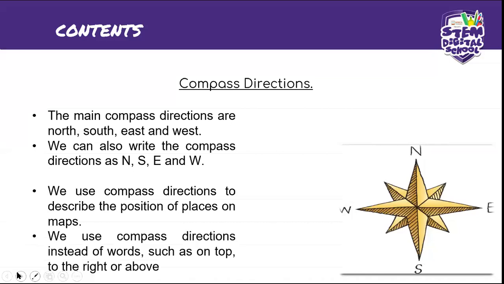We use compass directions instead of words such as top, right, or above, okay? We cannot say the mountain is above. Above where in the map? We cannot say the mountain is on top. On top of what? We must say that it is on the northern side, okay? Just like that, we need to use compass directions.